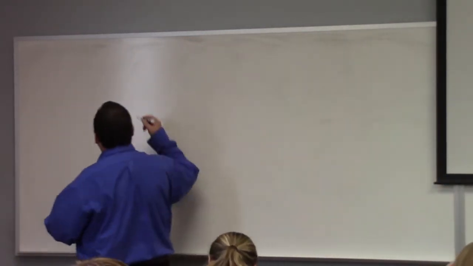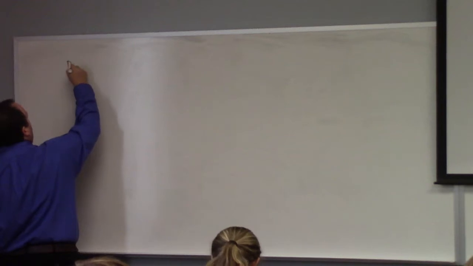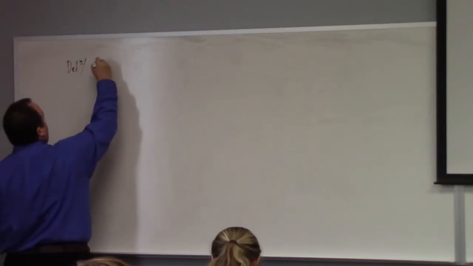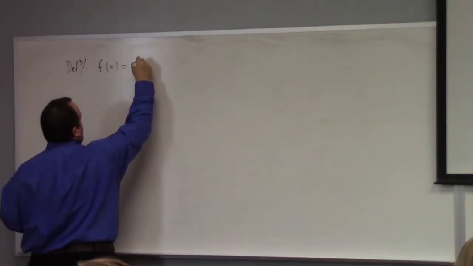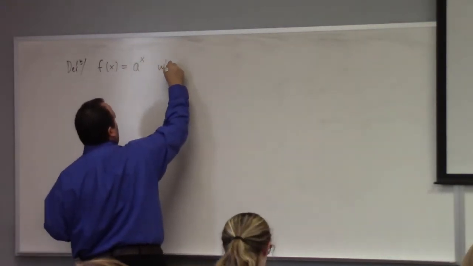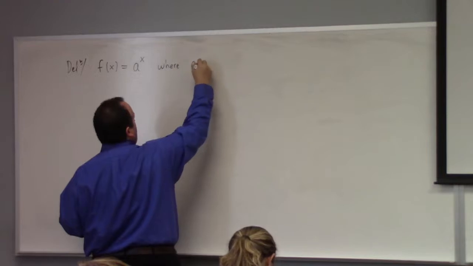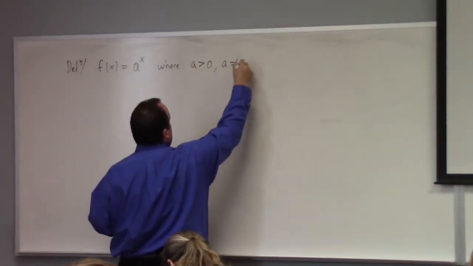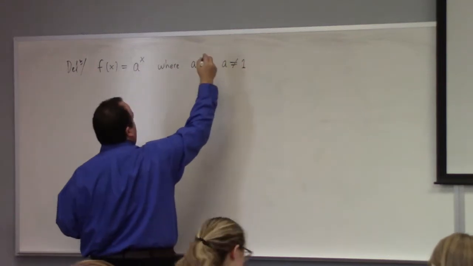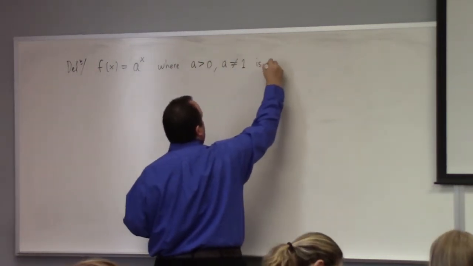So let me, before I plug the computer in here, just remind you, definition: f of x equals a to the x, where a is positive and a is not equal to 1, is an exponential function.